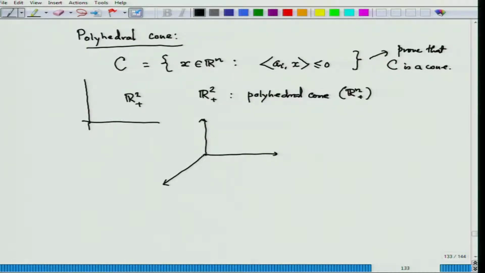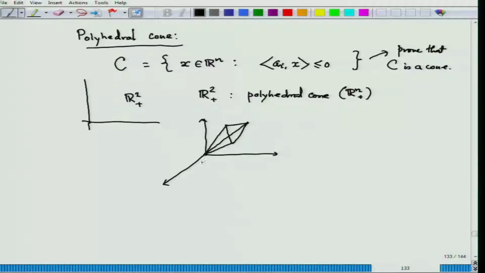In 3D, for example, this is an example of a polyhedral cone, because the faces on the sides of the cone are actually hyperplanes passing through 0. Of course, it is going up to infinity, but we do not bother about that in the drawing.